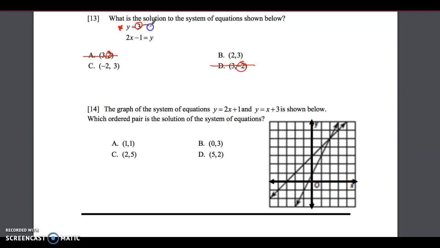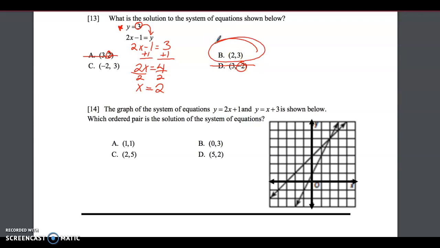I need to take this 3 and put it in for y. So 2x minus 1 equals 3, plus 1 on both sides. That's going to leave me with 2x equals 4. Divide by 2. That leaves me with x equals 2. So that means B is the answer.